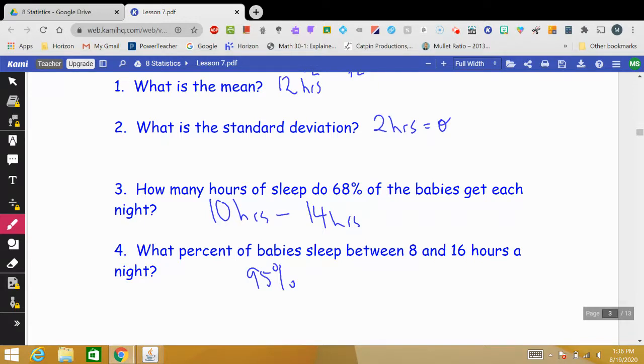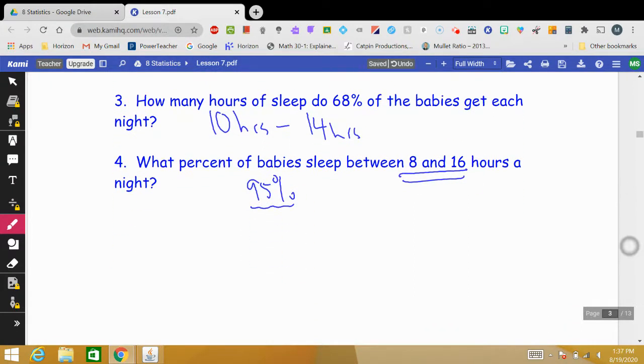Because a bell curve has so much space on it, to say 95% of babies sleep between 8 and 16 hours is almost a useless statement, right? The standard deviation actually needs to be quite a lot lower in order for the data to mean something, because high standard deviation graphs really don't say a whole lot. All you have to do is go 2 jumps out and you get this huge range of values. So it kind of loses its meaning.